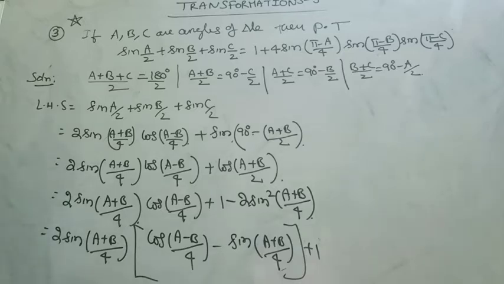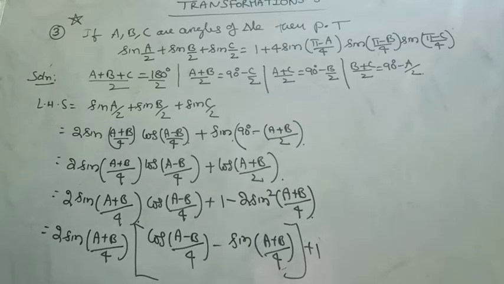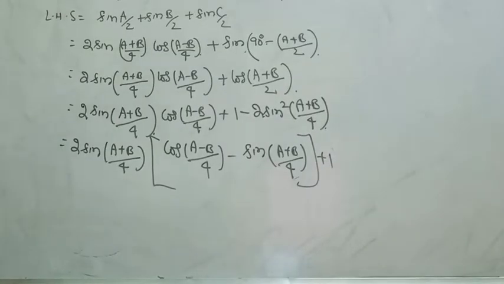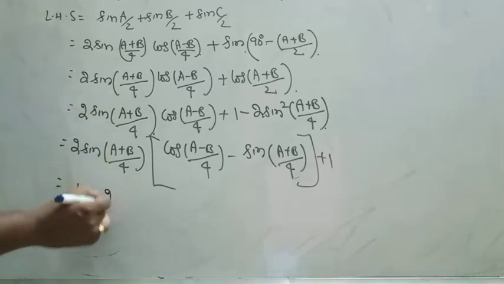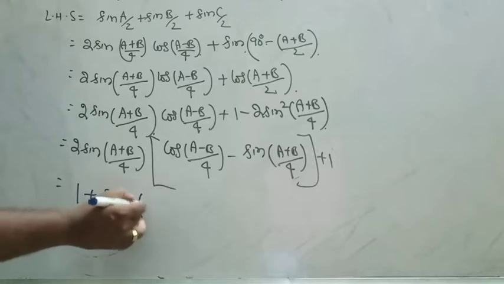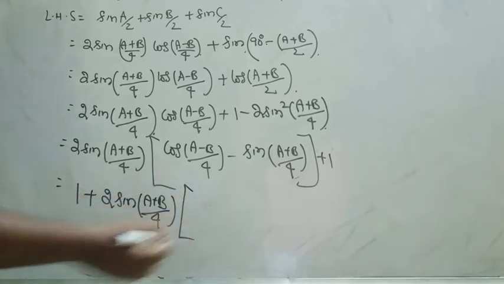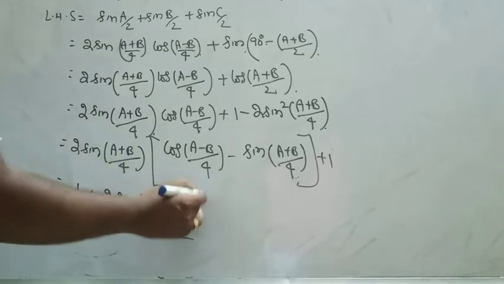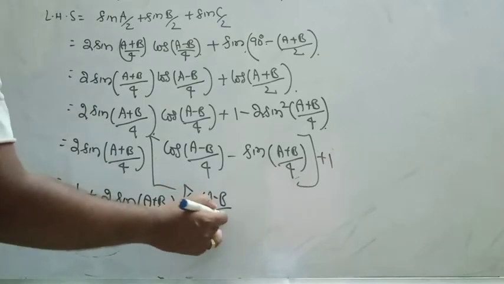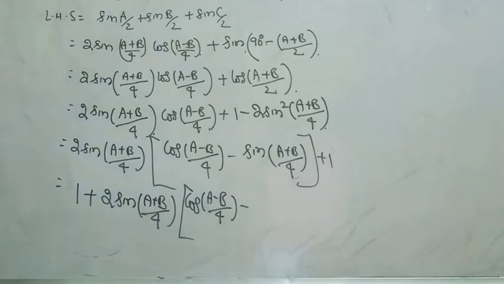Wonderful. Now you see, my dear students, we want to apply cos C minus cos D, but here we are having sine. That's why what I do is write this 1 here plus 2 sin((A+B)/4) into cos((A−B)/4) minus.